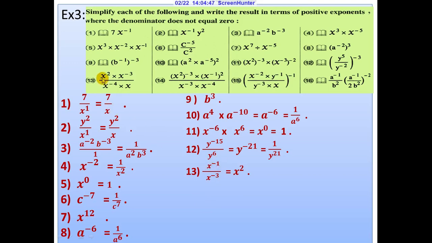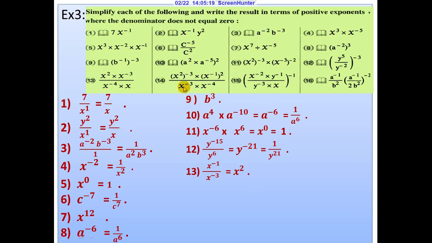In the numerator, x^-1 because we add their powers, and in the denominator x^-3 because we also add their powers. Finally, we divide them, so we write x and subtract their powers, negative 1 minus negative 3. It will be equal to x^2. We don't need to change its place here.